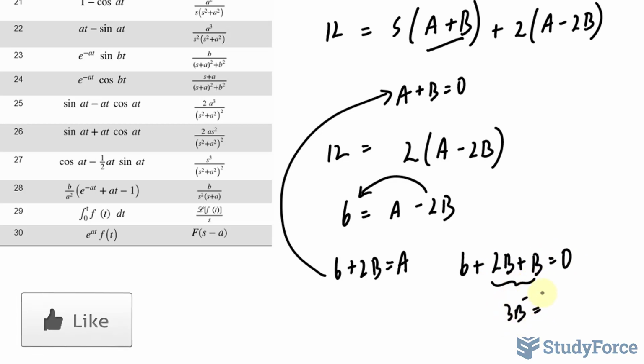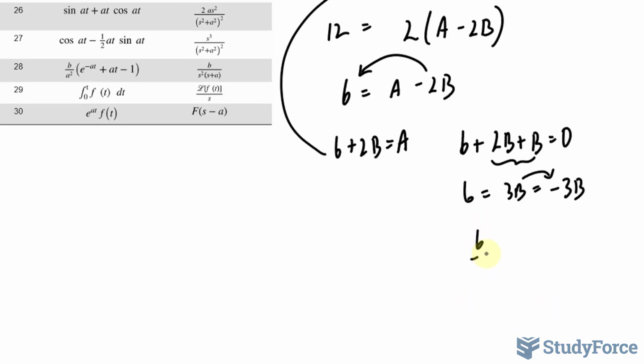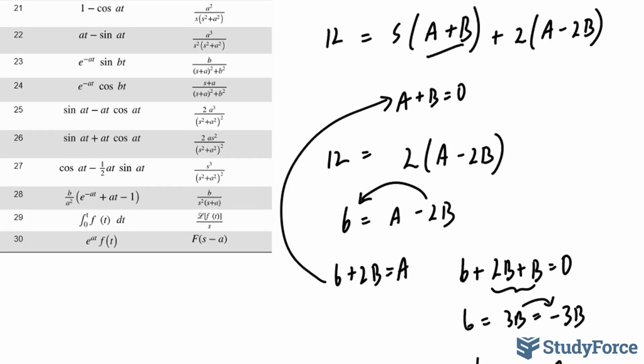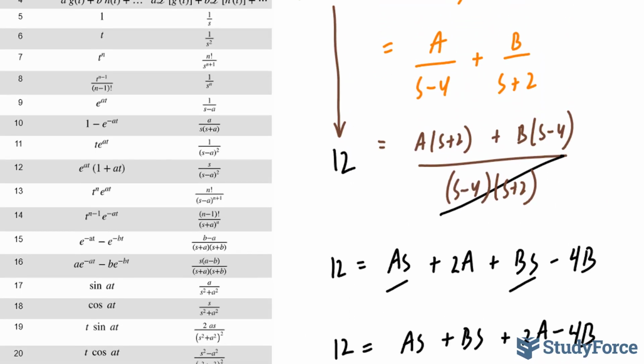This is equal to 3b. Bringing that over makes it negative 3b. And 6 divided by negative 3 is equal to negative 2. We just found out what b is equal to. To find out a, of course, you can bring this negative 2 into here, and you end up with a is equal to positive 2.